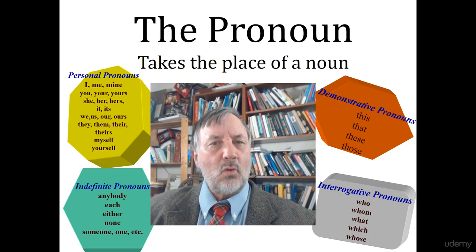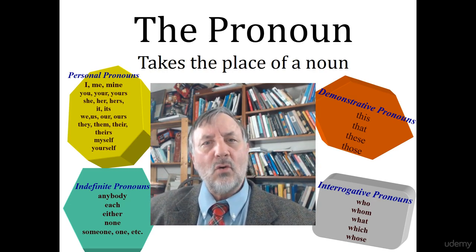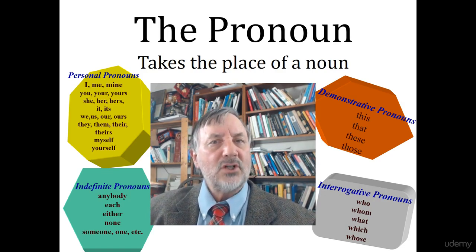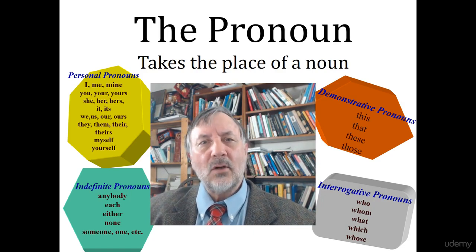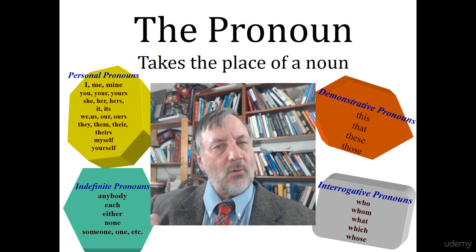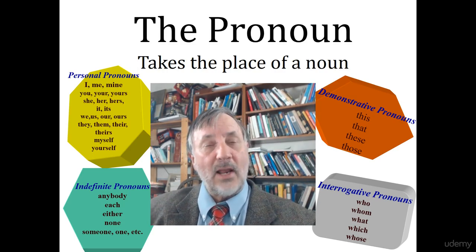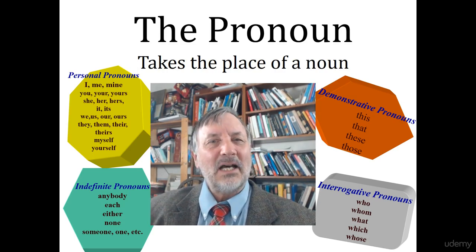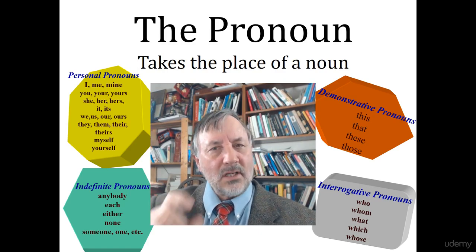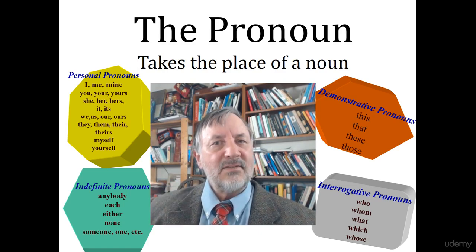They're also what's called the indefinite pronoun, someone, anyone, anybody, and also what we call the interrogative or the relative pronouns, who, which, whose, words like this. Okay, so anyway, we're going to learn more about pronouns as we go forward. We have a whole section devoted just to pronouns. What fun. Okay, but in the meantime, just remember, pronouns are those little words that take the place of the noun.